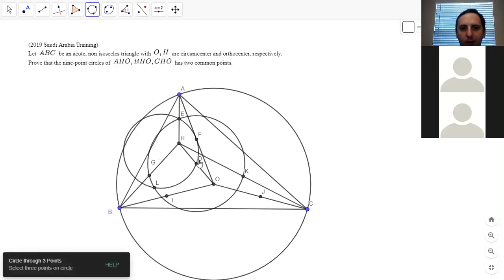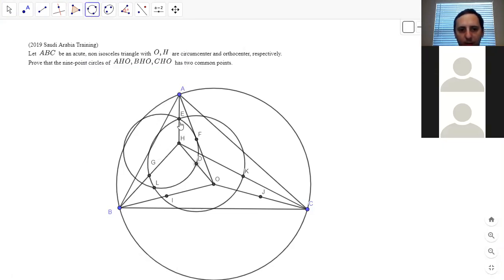But what we found was that the other point that they all pass through lies on the 9-point circle. We haven't proven that yet, but that's what it looks like. So all these different circles concur, and they meet on the 9-point circle, but we haven't proven it yet.